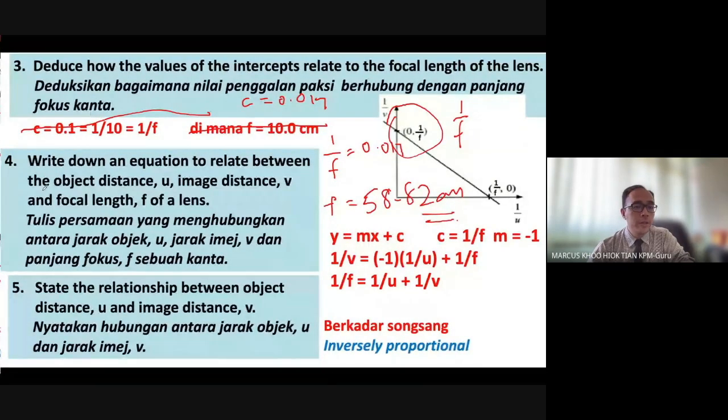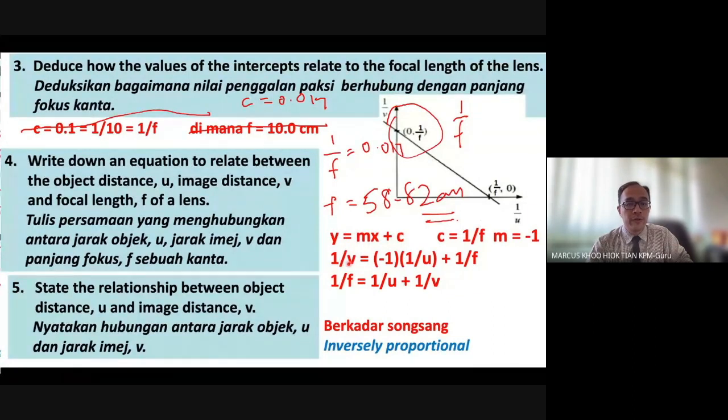Now, number 4: write down an equation to relate the object distance u, the image distance v, and the focal length of the lens. Let me explain how this works. If we follow y equals mx plus c, which is the general equation for a straight line, my y axis is 1 over v.